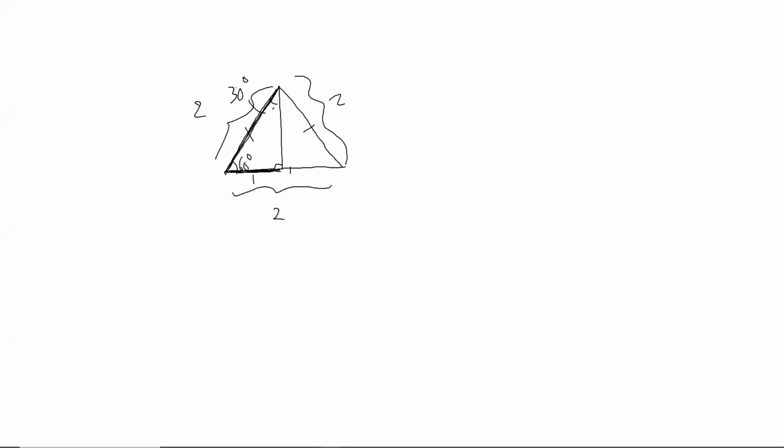Okay, so fact one, let's go over this again. If you look at the circumcircle of the right triangle, the hypotenuse has to be the diameter.